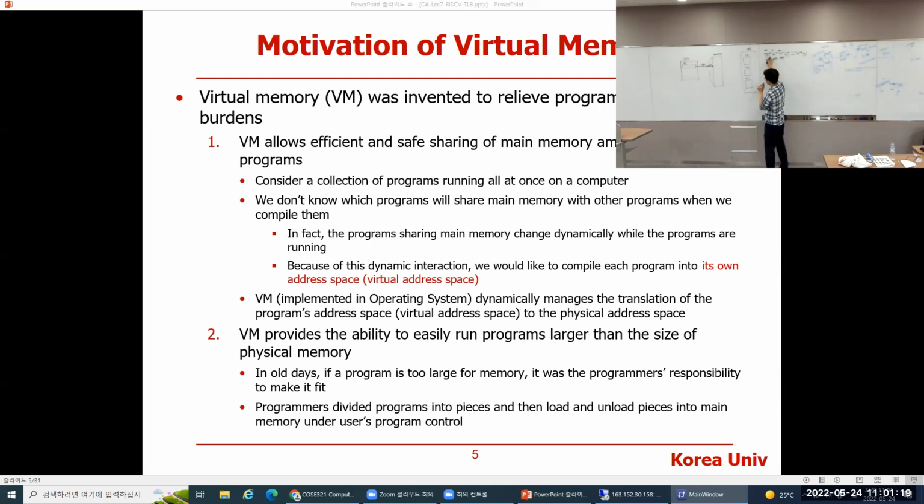To execute task number 1, you have to place task 1 in main memory. So probably you place this 32 kilobyte task here, at location 0. Then you set the program counter to 0, because your program probably starts from the first location.